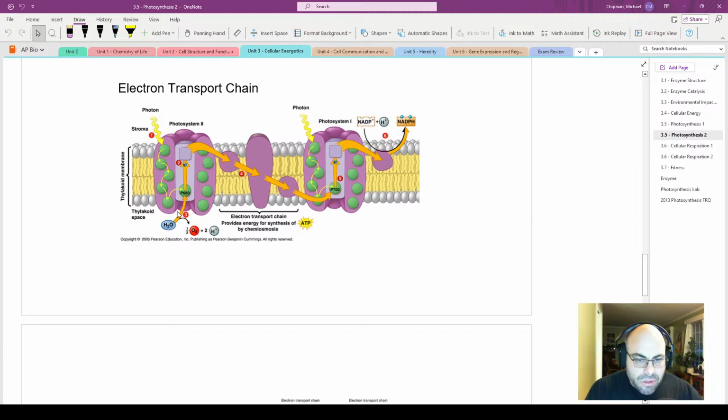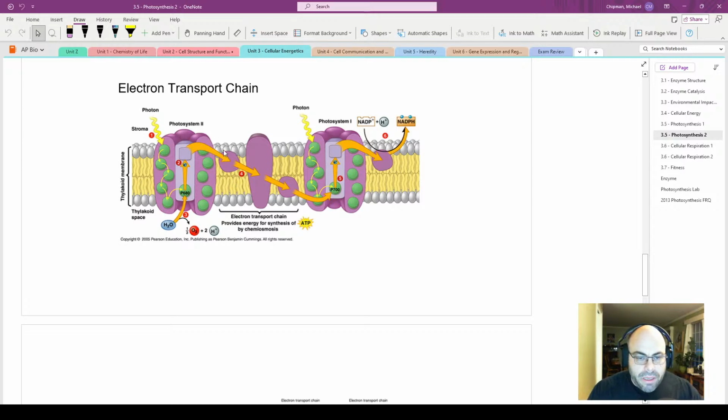What's the actual difference between them? It's a compare and contrast thing. What are the similarities between them? The idea is that they're both a system of proteins that pass electrons using redox reactions.